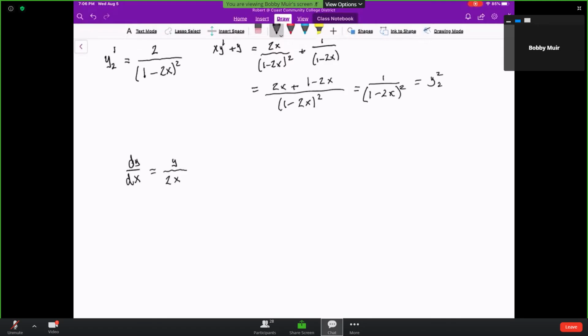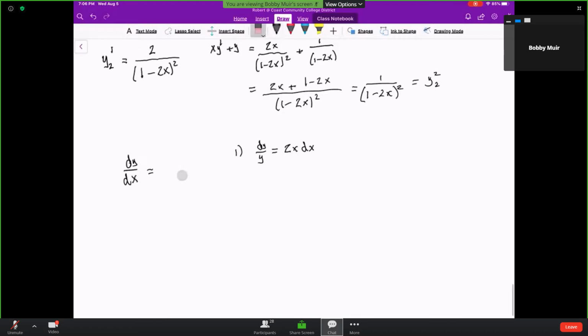Okay, so this is separable. Now, one way of proceeding would be to say that dy over y is equal to 2x dx. I meant to switch this to 2xy.